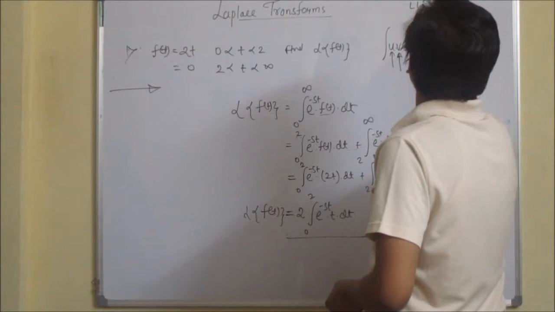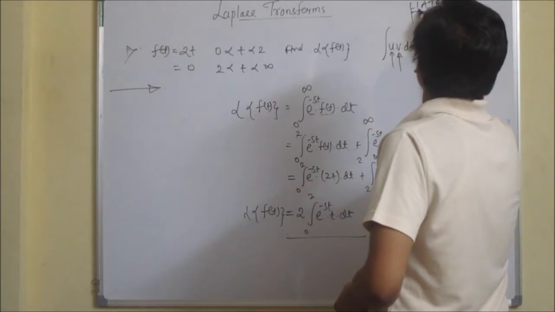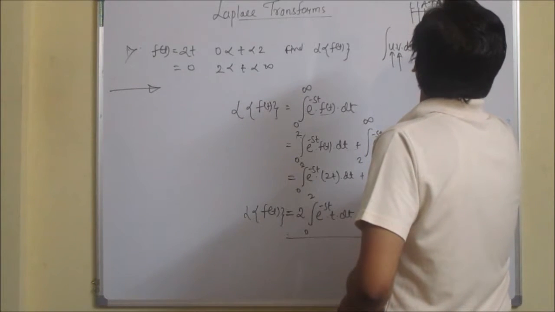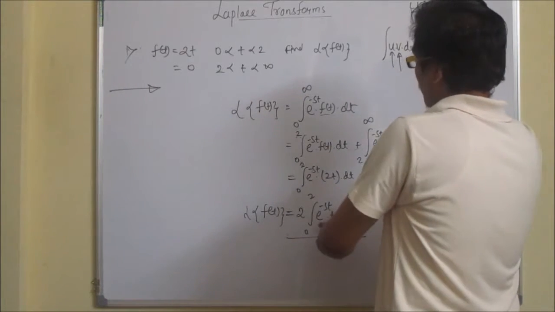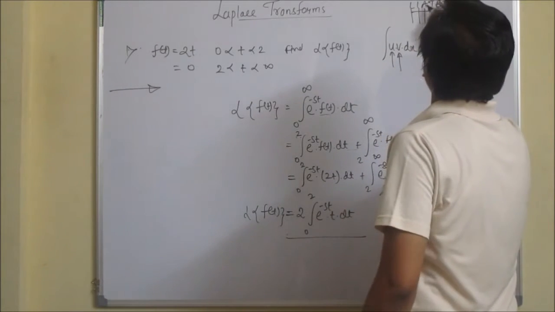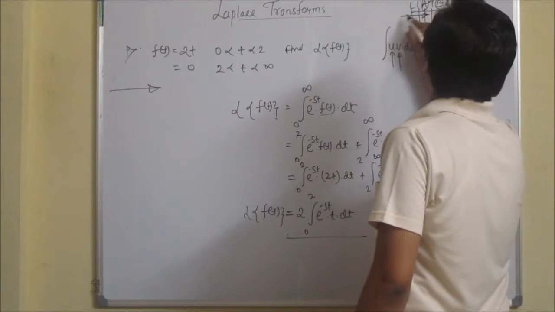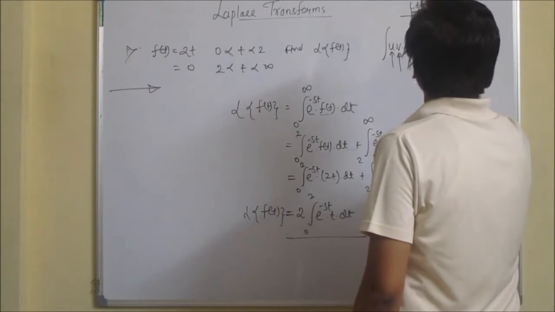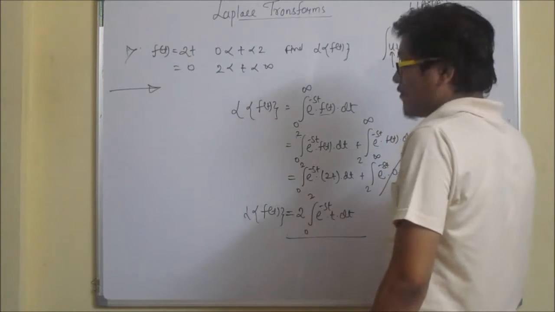Basically there are 5 different types of functions according to the LIATE rule: logarithmic, inverse, algebraic, trigonometric and exponential. Here in this 5 there are exponential and algebraic. According to the rule, coming from left to right, algebraic comes first and exponential is second. Here we denote the first function by u and second function by v.